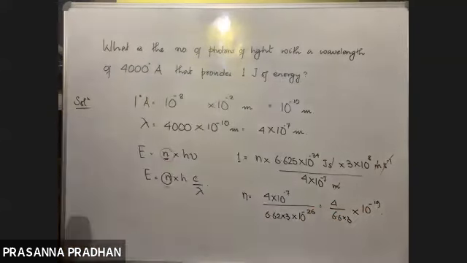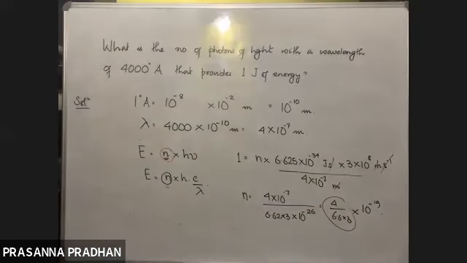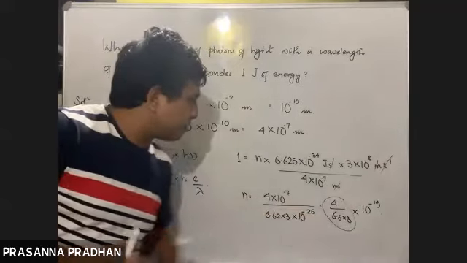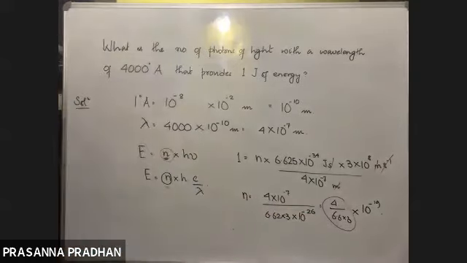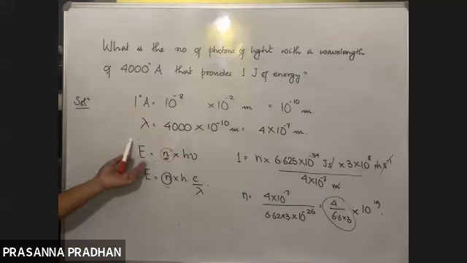Now you solve this, you'll get the answer. Is this question understood? So this many photons, it will be 10 to the power 19, not minus 19, having a wavelength of this will provide 1 joule of energy.